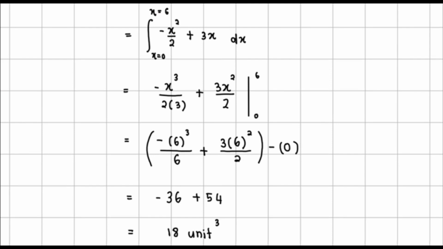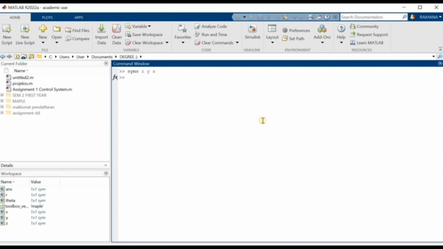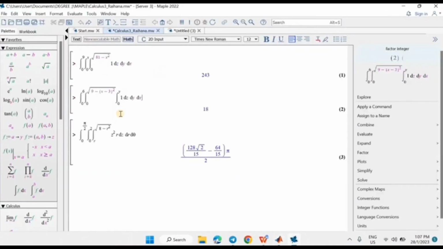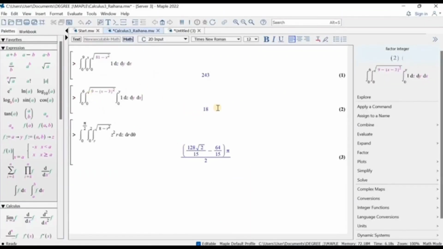I prove it in Maple, and I get the same answer, 18.